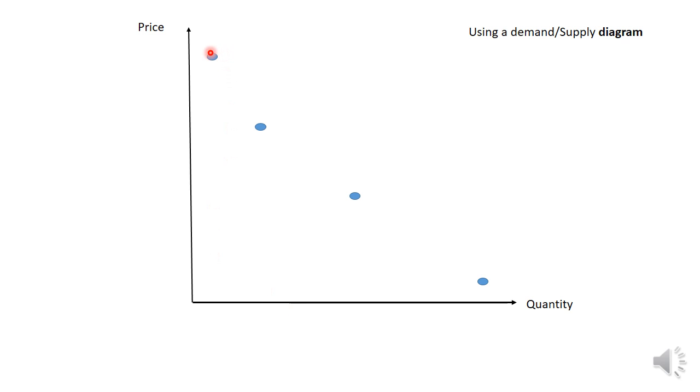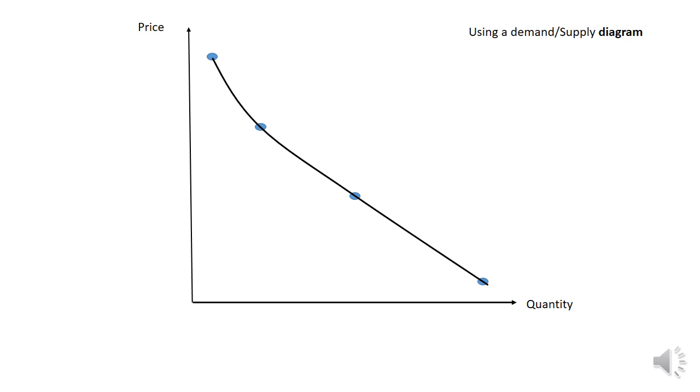So all these dots can represent our behavior. How much do we buy when the price is at different levels? When the price is high, we don't really feel like buying. When the price is low, we want to buy a lot. So these dots will measure our usual buying behavior.